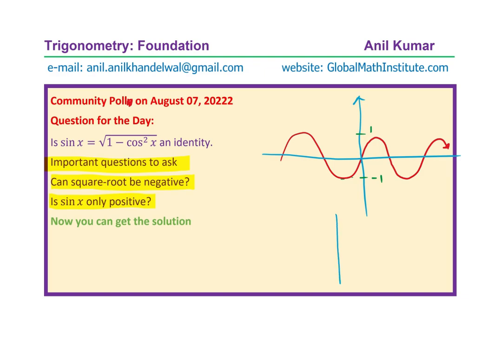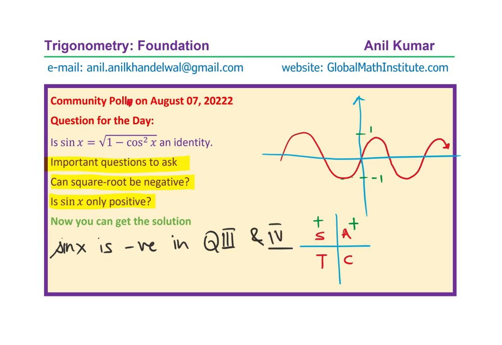If you look into the quadrants, we know the CAST rule. We know sine is positive only in quadrant 1 and 2. And therefore, we can write sine x is negative in quadrant 3 and 4. And therefore, this is not an identity.